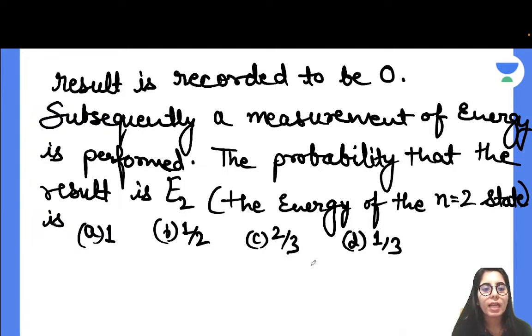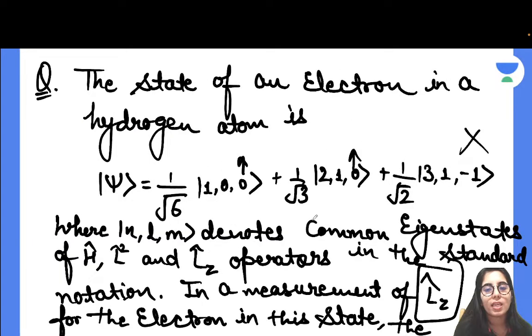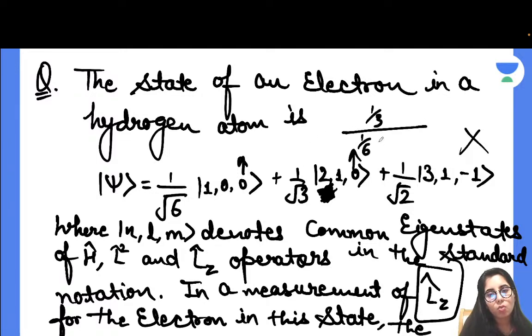The probability that the result will be E2 in that case: what is the probability of getting this energy? So its coefficient, our favorable coefficient, divided by the total of the squares of the coefficients, 1 over 6 plus 1 over 3.